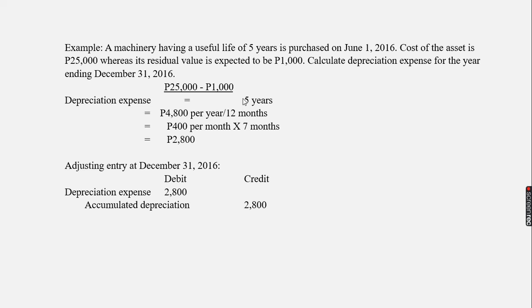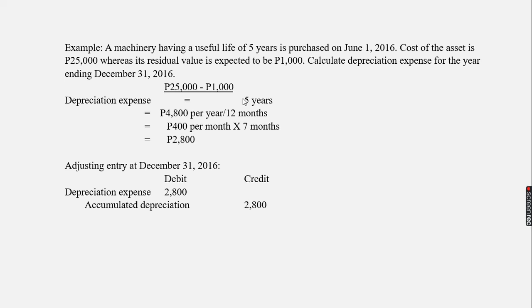4,800. Okay? Syempre, i-divide mo rin siya sa 12 months para makuha natin kasi in-acquire niya June 1, 2016. So, magkano yung depreciation niya from June 1, 2016 to December 31, 2016. Okay? So, ang per month niya is 400.